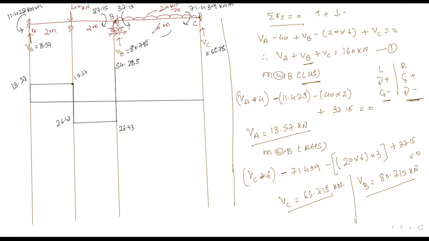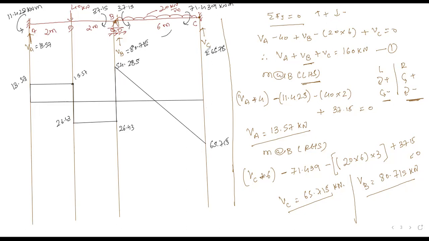So plus 54.285 minus, in brackets in the calculator write 20 into 6, close bracket, you will get minus 65.715. Please tell me, are you getting such a value? Yes sir. Okay, so this value will be minus 65.715.